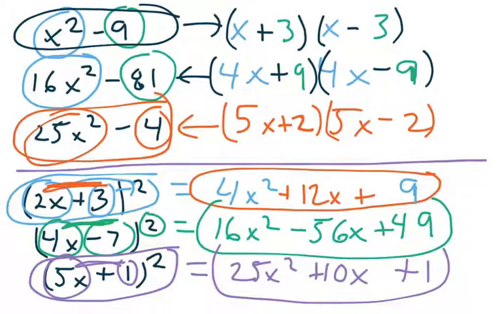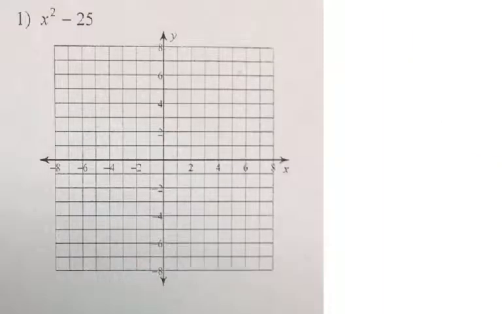Okay, now that you hopefully understand that, guys, pause the video, by the way, if you need to right now. But now that you understand that, hopefully, let's get to some graphing. For example, look at this problem right here. If I wanted to graph that, couldn't I first factor that expression? Now notice it's a difference of 2 squares, right? X squared, 25 is 5 squared.